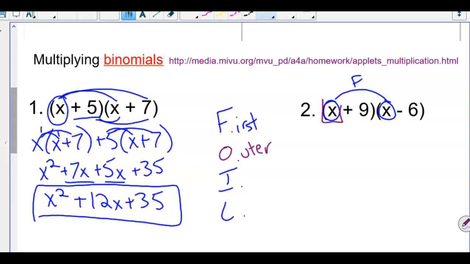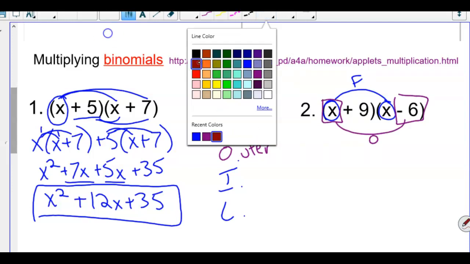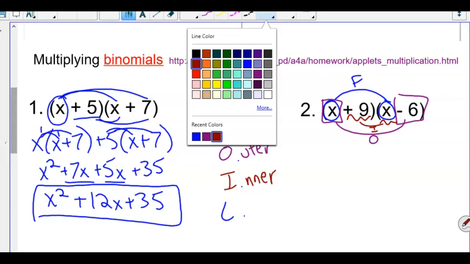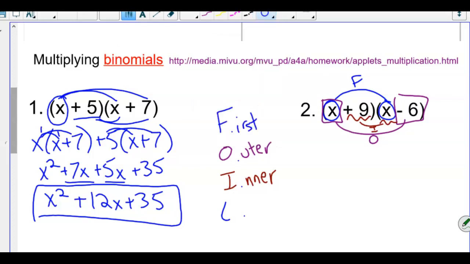So that would be the x and the negative 6. Our inner terms, so that would be our 9 and our x. And then our last terms. So that would be, I'm running out of shapes. Let's do this. 9 and negative 6.